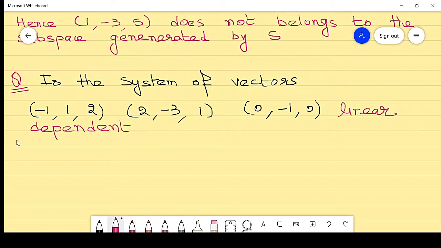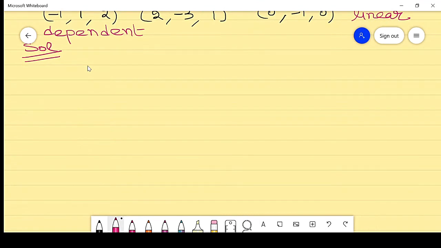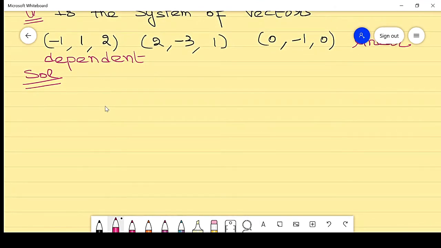So that is my question. This is the same as asking whether it is linear independent. If all alpha are 0, then it is linear independent. Otherwise, if at least one is non-zero, it is linear dependent.